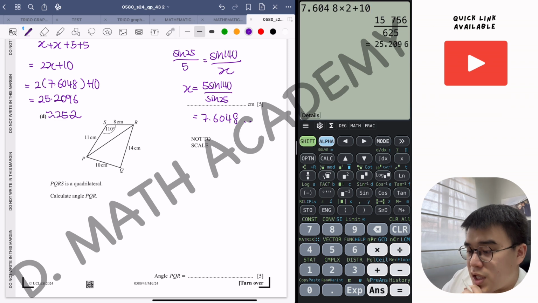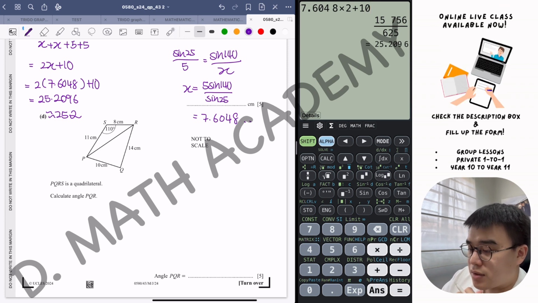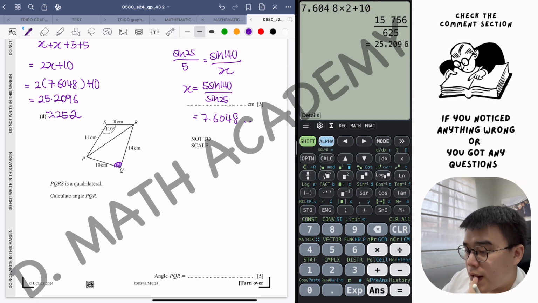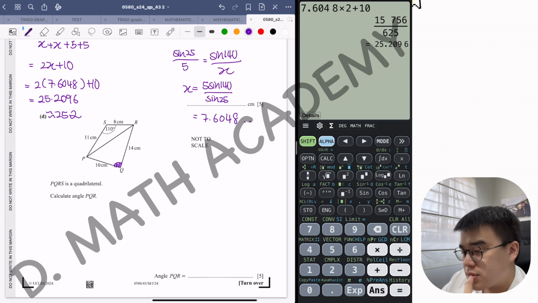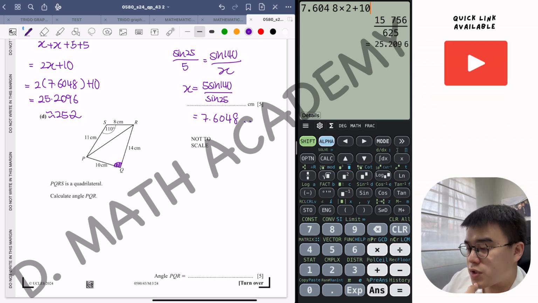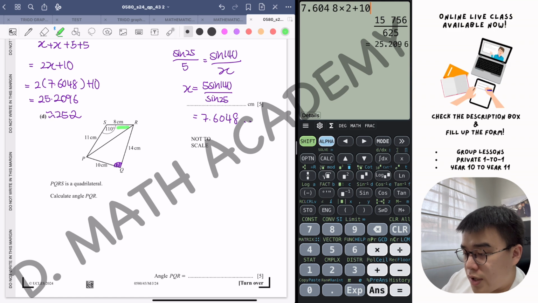Moving on to question D, asking us for the angle PQR. So we are forced to use the top part's triangle to find the PR value first.